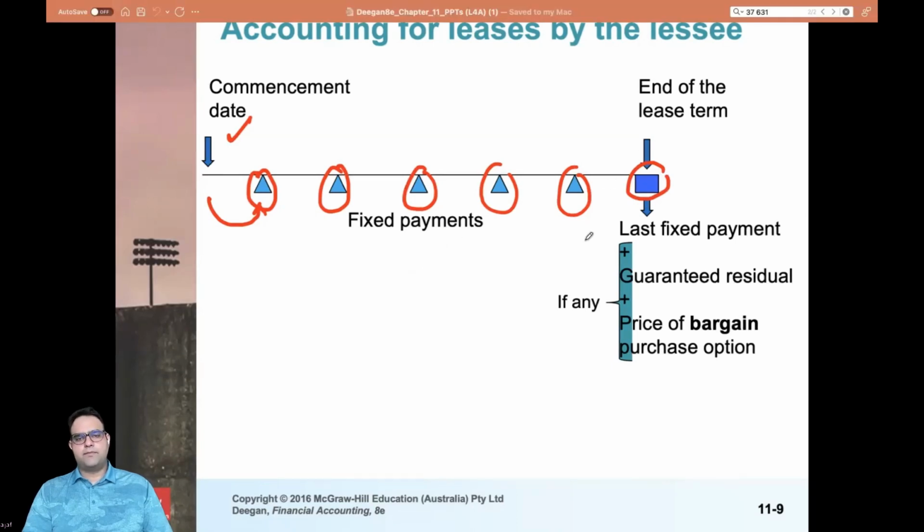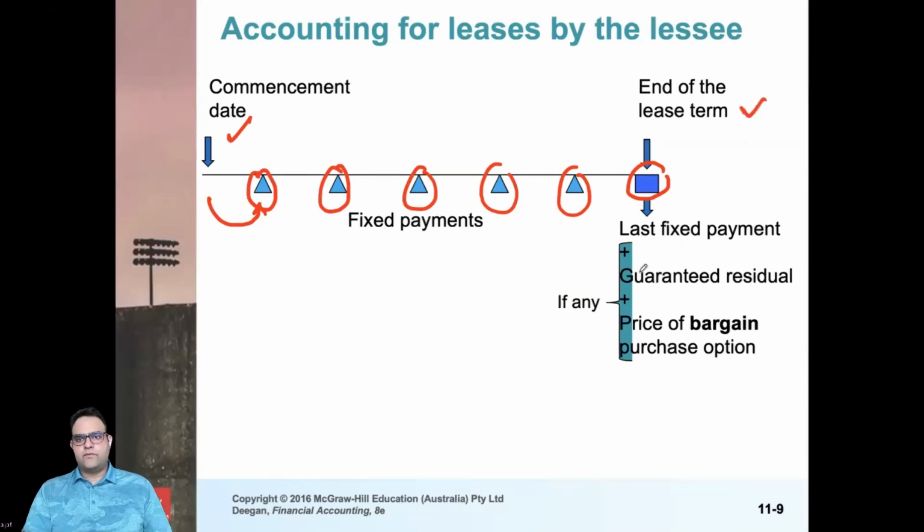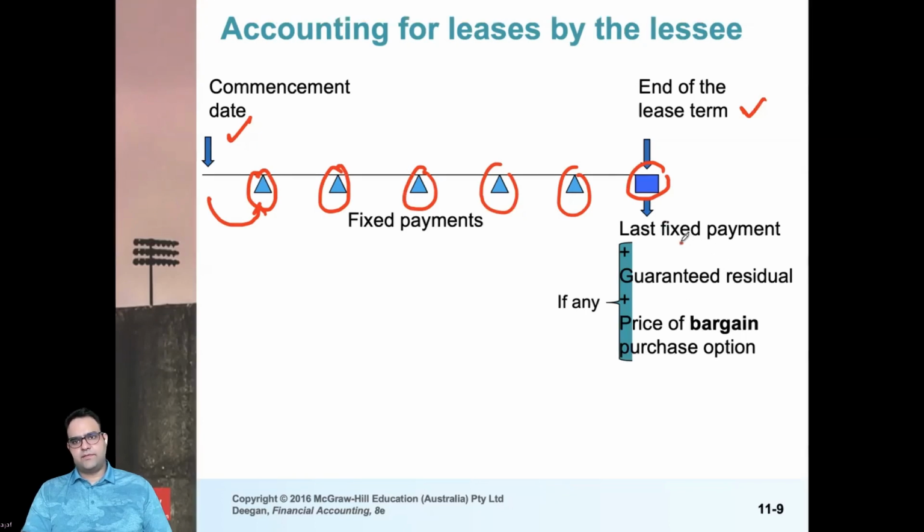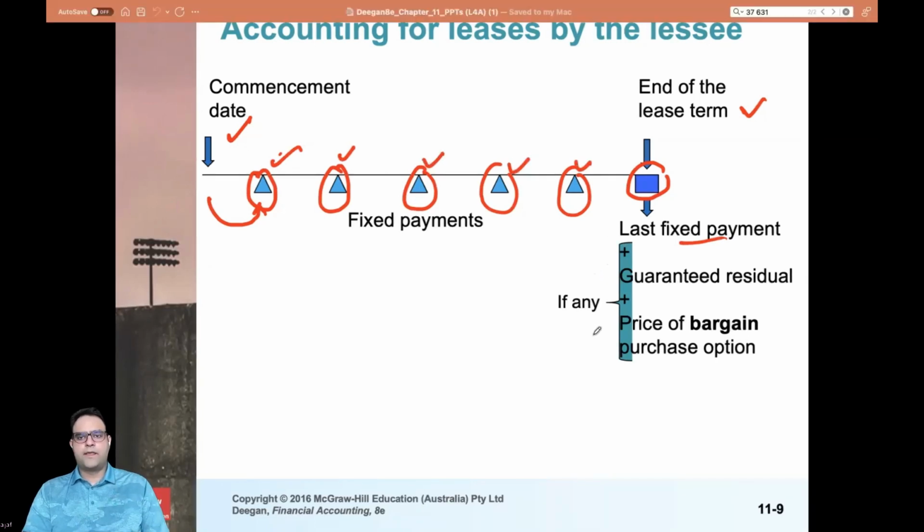It may be that after 5 or 6 years, the agreement is that they have to return the asset. So at the end of the lease term, what amount does the lessee have to pay? First of all is the last fixed payment. These are all fixed payments that he has to pay throughout the lease period.